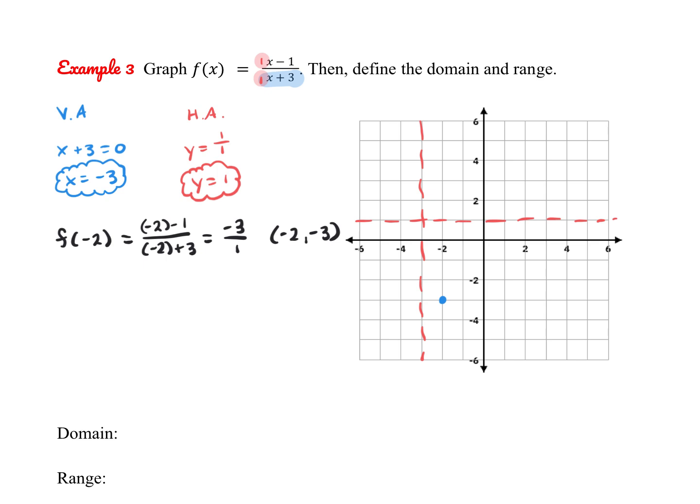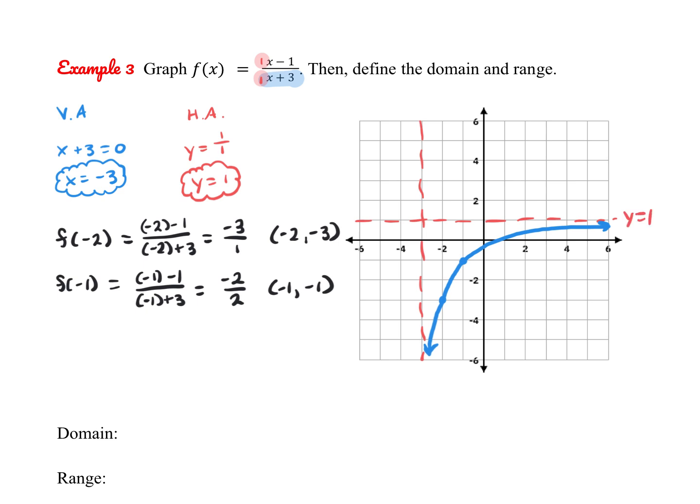Let's find f of negative 1. So we have negative 1 minus 1 over negative 1 plus 3, which gives us negative 2 over 2. So that's negative 1, negative 1. And I can connect my dots and travel along the asymptotes. Let me label those really quick. I forgot to do that.